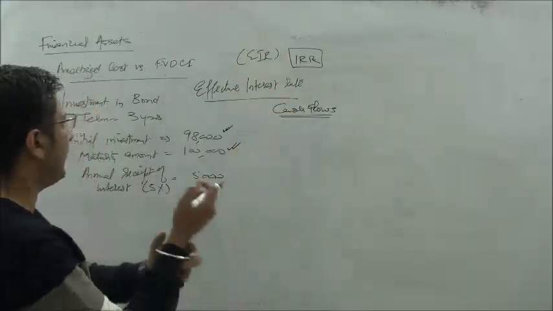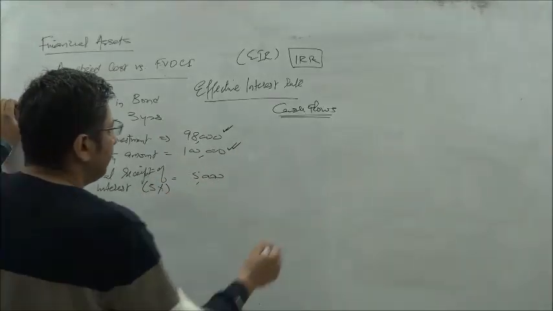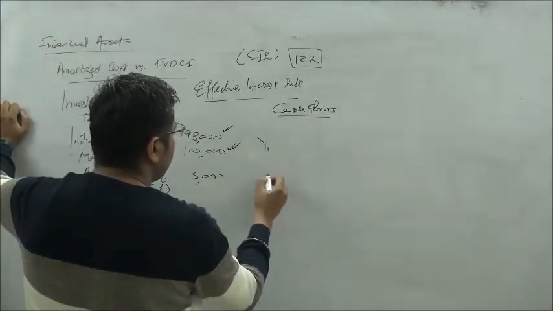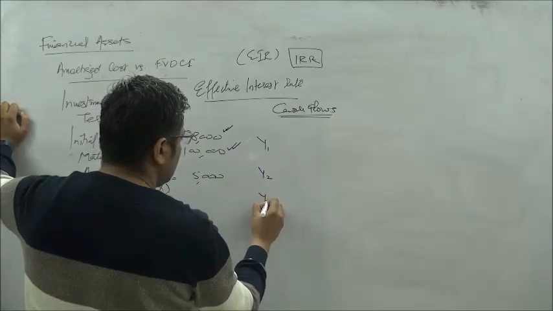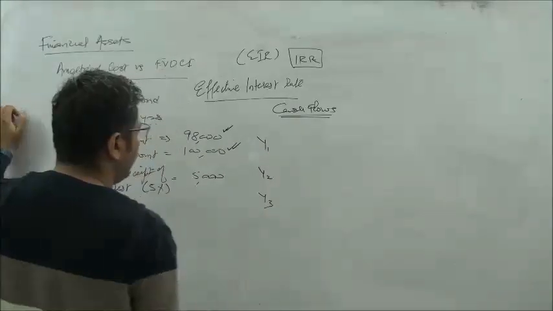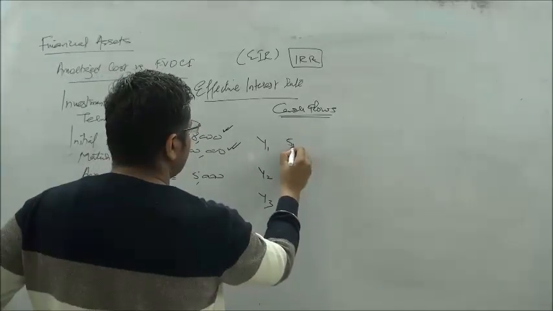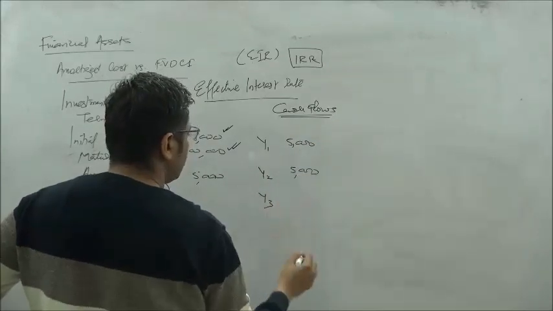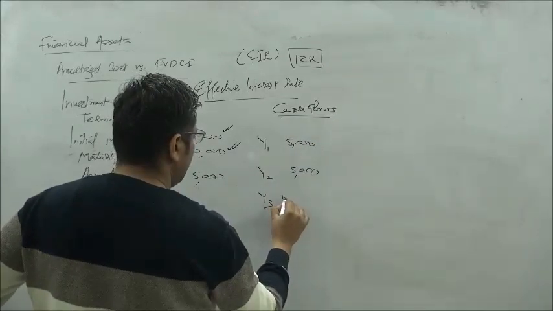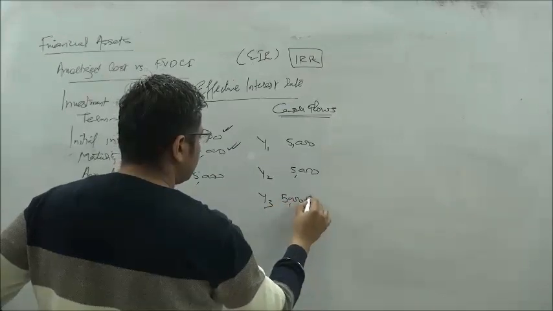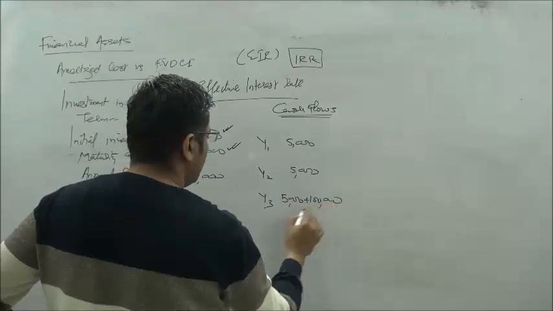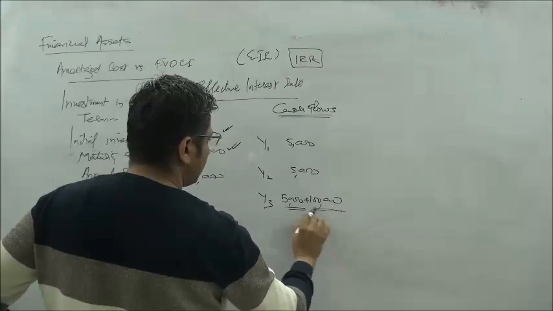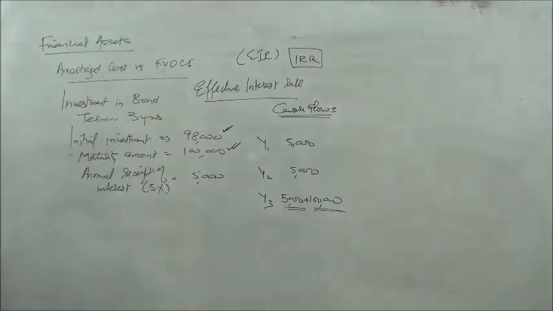So when I try to do that, the easy pick would be to look at my cash flows, which is year 1, year 2 and year 3. Year 1, I'm supposed to receive an interest of 5,000. Year 2 the same, but year 3, I do not only receive 5,000 as my interest, but I also receive the principal amount at maturity, right?